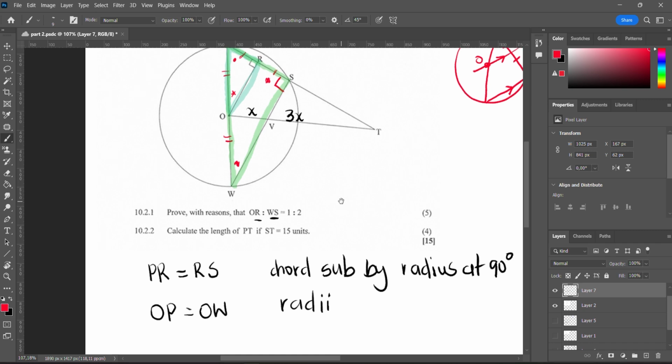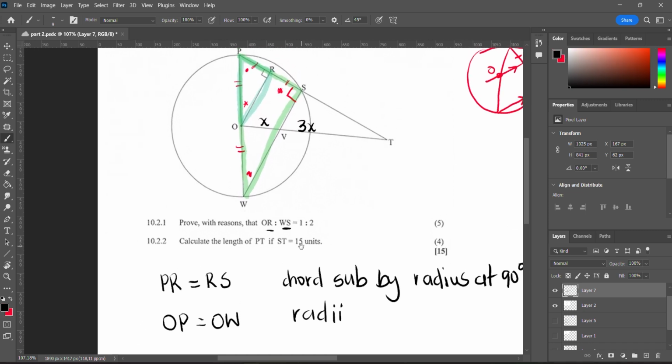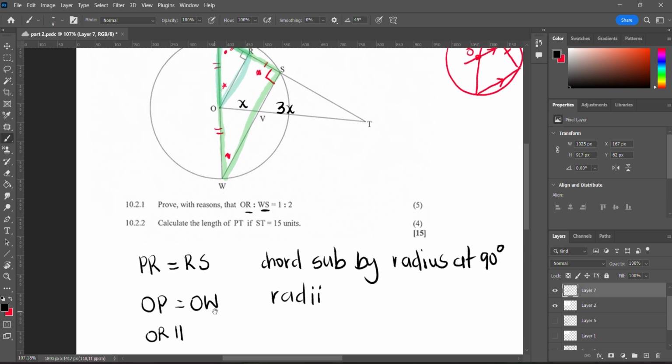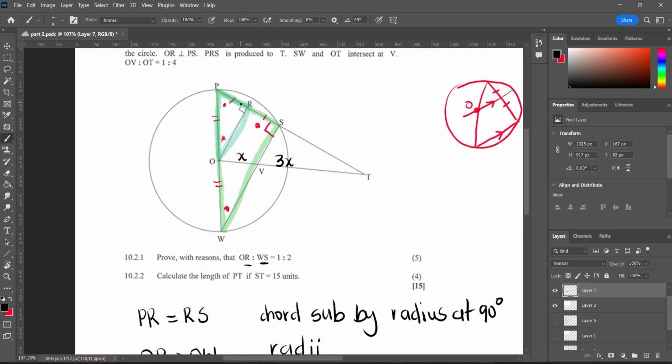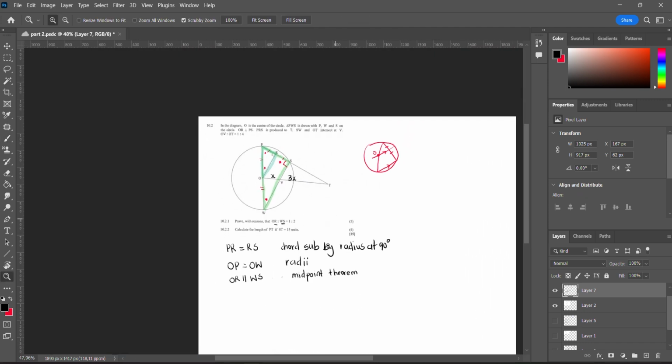So we're going to say OR is parallel to WS, and it's really nice because you can see that these two corresponding angles are equal, and we say midpoint theorem. Oh, maths always goes theorem, not theory. But yeah.